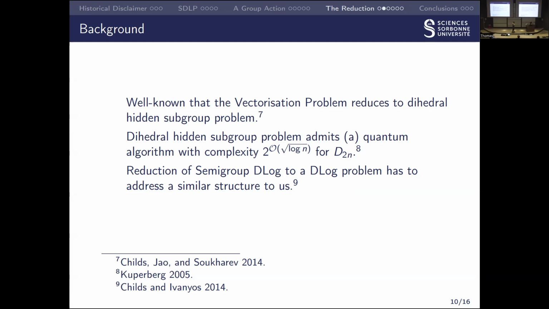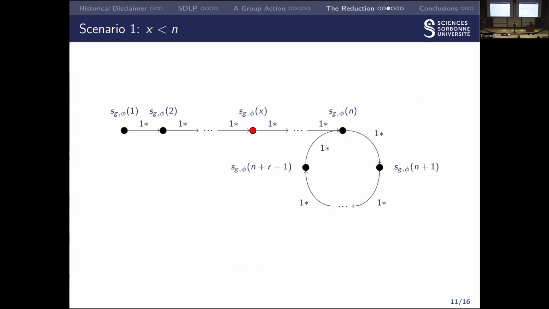First, I'd like to point out that this reduction isn't necessarily straightforward, right? Because there are two scenarios. Remember, I'm given S of X, and with respect to this pair G, phi, I have to find this integer X. Well, there are two scenarios we could be in. X could be less than N, where we start looping, in which case we're in the tail, and because our group action only happens in this bit, our vectorization problem oracle isn't really going to tell us anything.